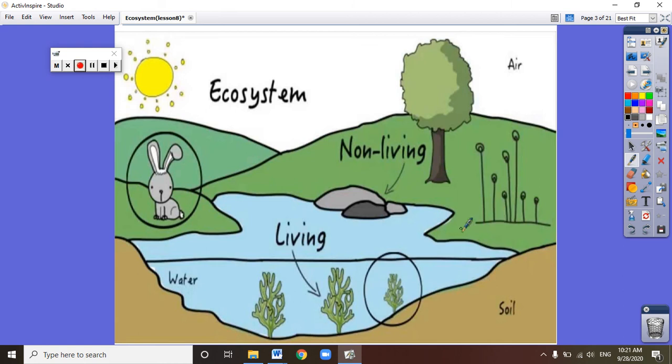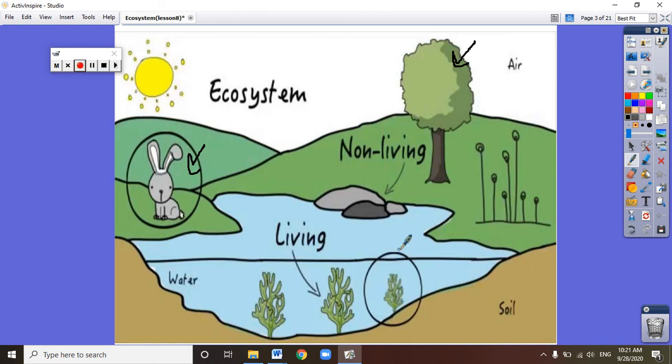As you can see, it's a natural area like the forests, like the oceans, like the small pond or lake. So the ecosystem is a natural area that includes what? This is a rabbit and this is a plant, so they are living organisms, right?